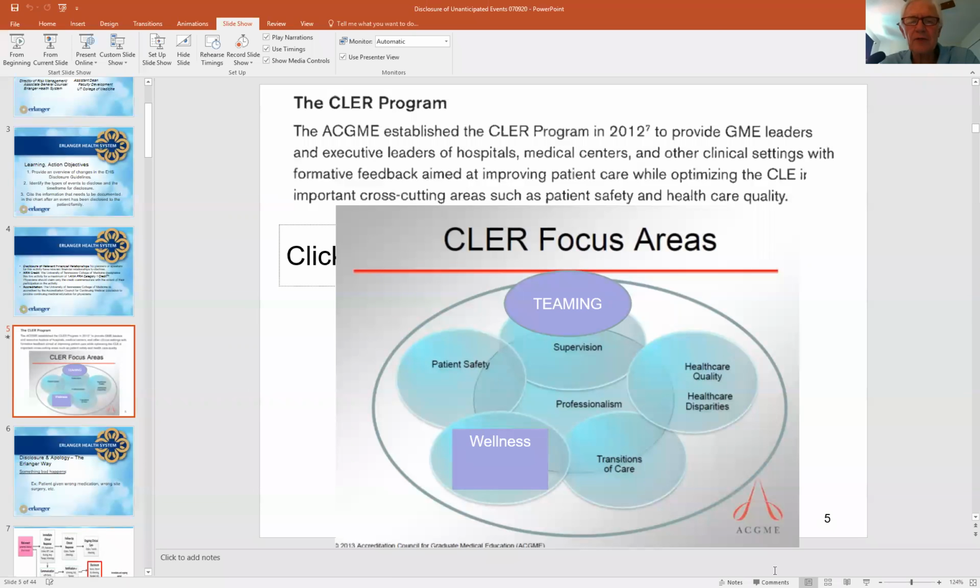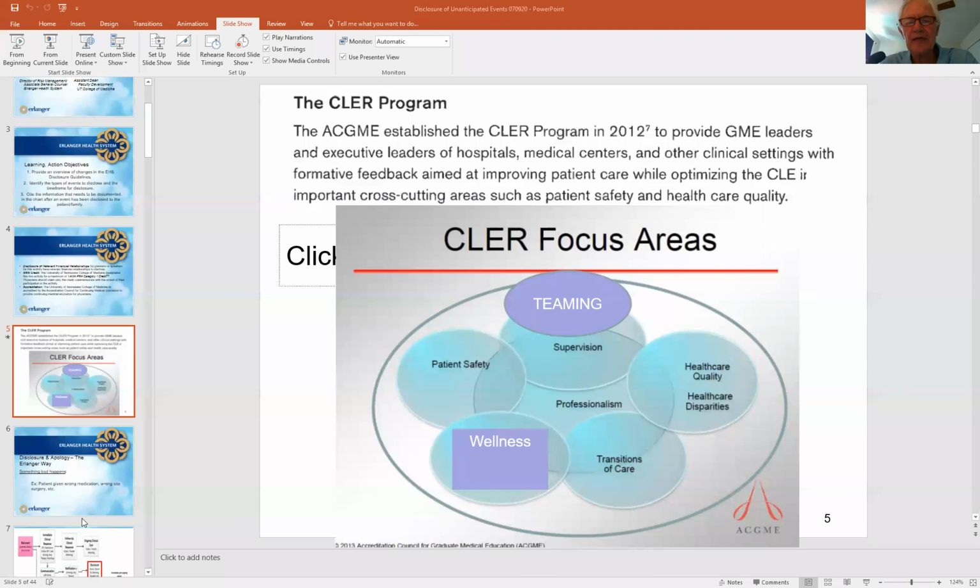It's also focused on the hospital, the medical center where you learn. And it is a partnership between those two institutions with a real focus on patient safety and healthcare quality. The program started in 2012. There have been visits here in 2014, 2016, and 2018.